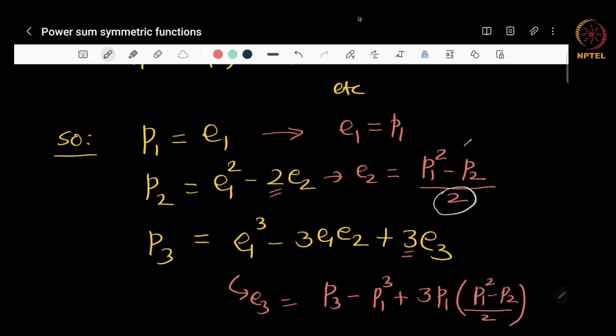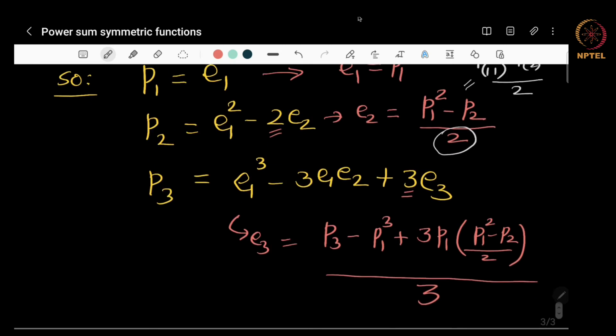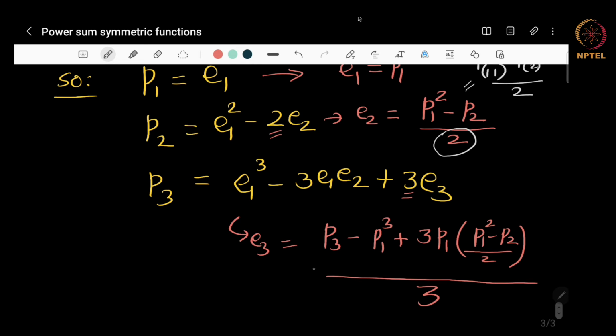This first one is actually a power sum symmetric function, corresponding to the partition 1. This is corresponding to the partition 2, divided by 2. This next one, P3, is just the power sum symmetric function P corresponding to 3.